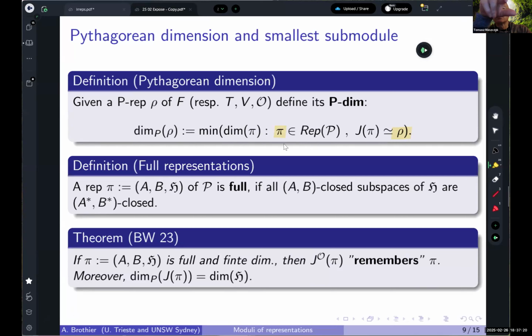So this is the same G. What was the functor? Yeah, that was the functor that goes from representations of P to the representations on the left. So this functor and this notation, dimension P, they're related. They are built a bit from the functor.